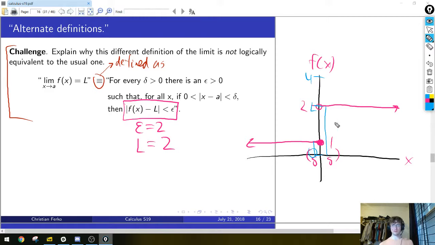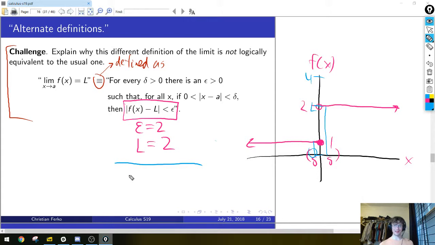So if you plug in any number whatsoever to this function, you're either going to get 2 or 1. And in either of those cases, you're going to get something within distance 2 of 2. So using this definition, you can prove that the limit exists at any point, and the limit is equal to whatever you want, right?